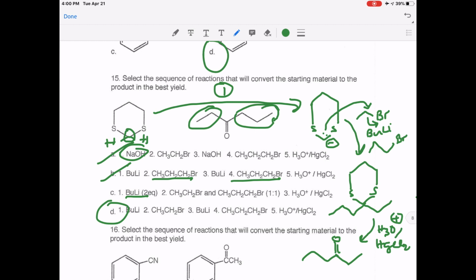Because even if we add two equivalents of butyllithium, so that both protons on that thioacetal are deprotonated, since we have both of these alkyl halides in the solution, we can end up with our desired final product, sure, but we will also get additional products such as a ketone with two ethyl substituents on it, or a ketone with two propyl substituents on it.